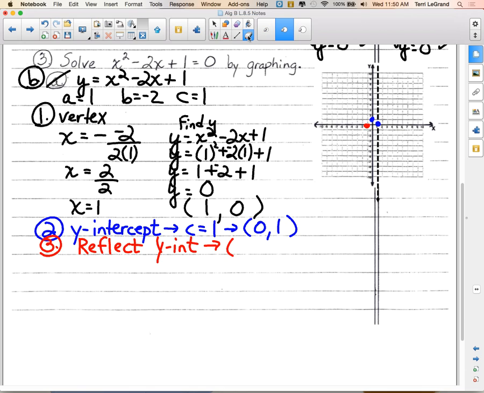Thank you. That's very easy to do, and I saw that on the quiz you took. I need to reflect over the axis of symmetry, don't I? So it needs to go over here. So my new point for that one is ordered pair what? 2, 1. So the reflection points always have the same y values. They have different x values.